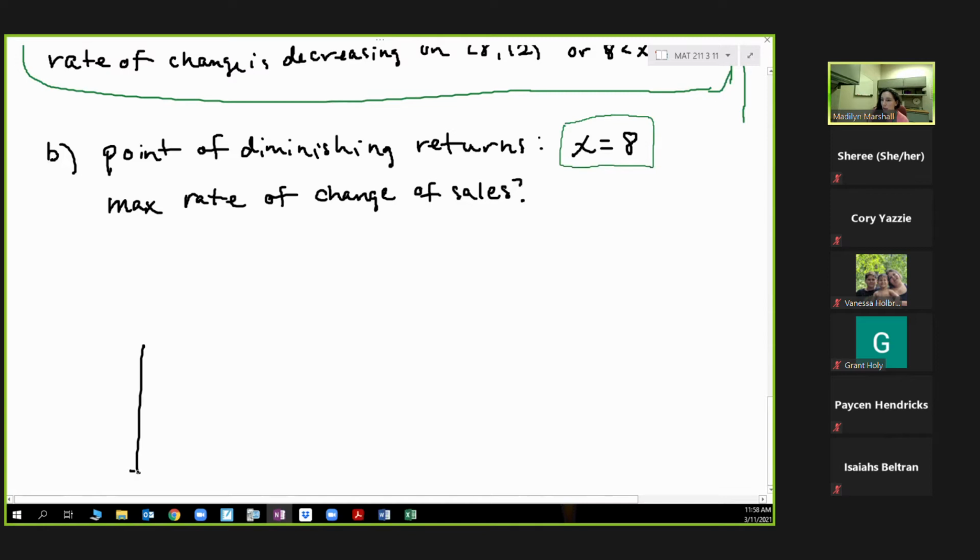Let's think about what this graph would look like roughly. We're going from 0 to 12 on our x, and we don't really need to know what the actual y's are. The important thing to know is that our graph is concave up until it gets to 8, and then it changes to concave down after that. This is not a very beautiful graph.